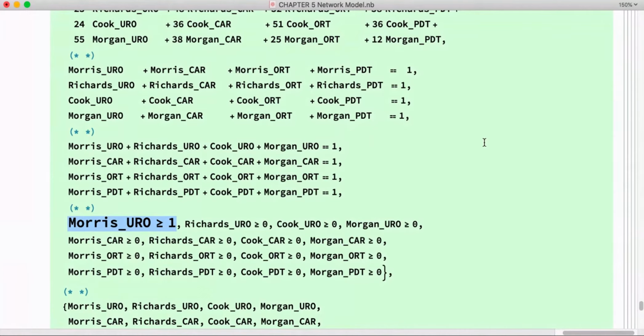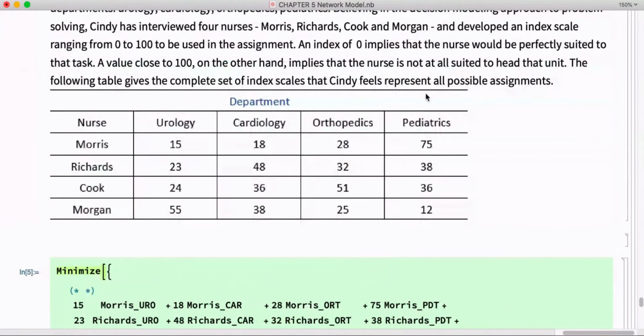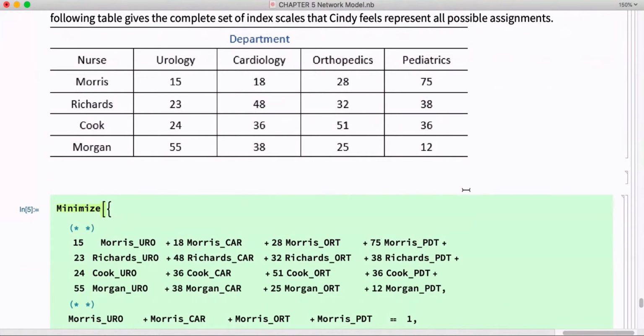So let's say, who is the best nurse? You find it from here. Morris and Cook are the better nurses. You get it from the numbers you had before, looking at averages and standard deviations.